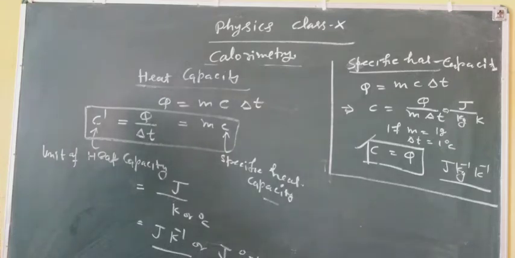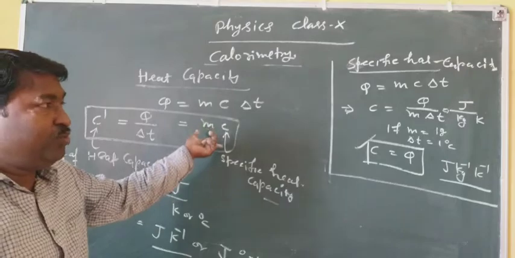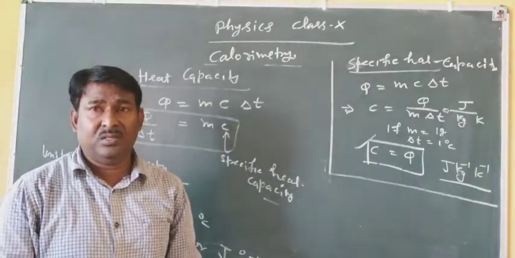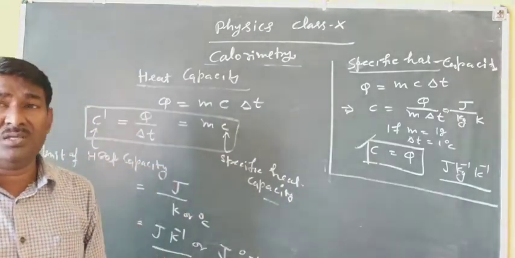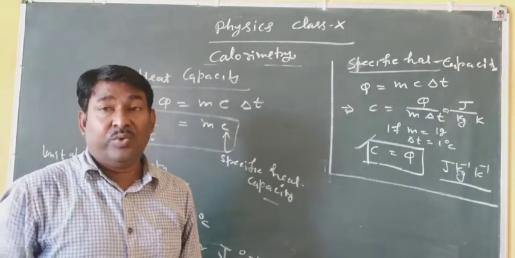Okay, now the basic difference between heat and temperature. Obviously, the unit of heat is joule, the unit of temperature is Kelvin. Unit of heat is joule, while the unit of temperature is what? Kelvin or degree Celsius. What is heat?